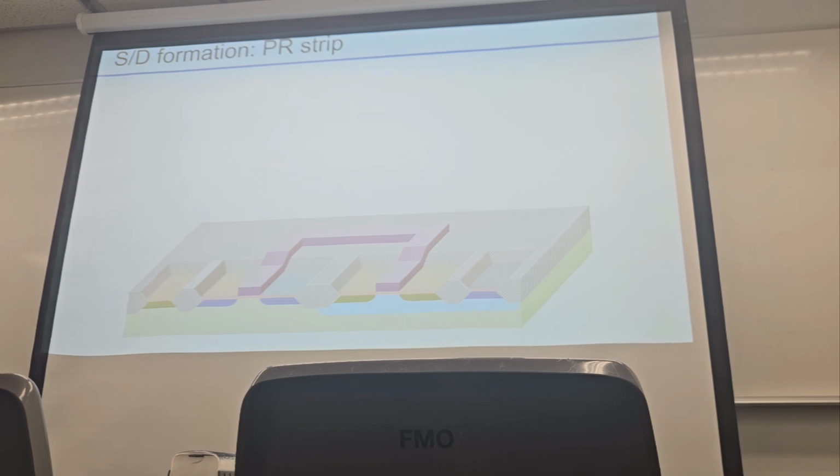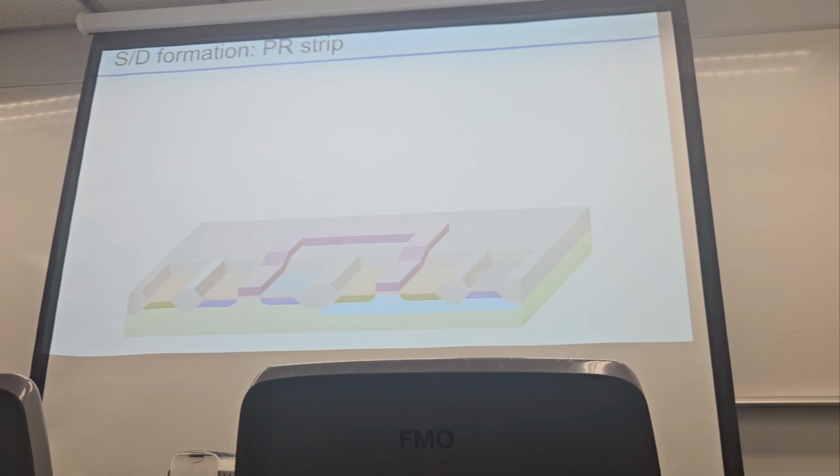Okay, so you can see that with different lithography, we get different types of doping region, right? So this one we get here is N-type. Then we remove the PR, and use another mask to get another type of region.